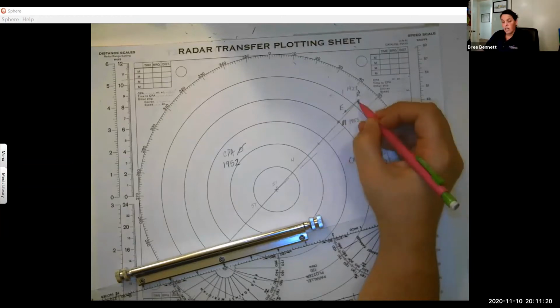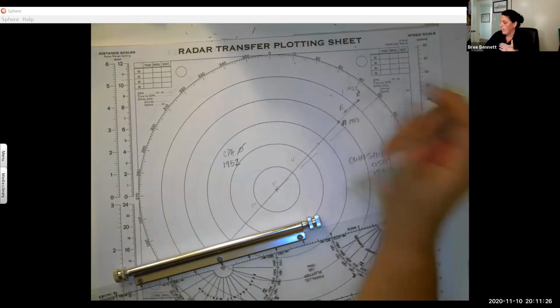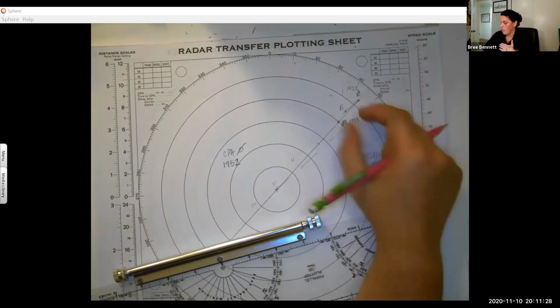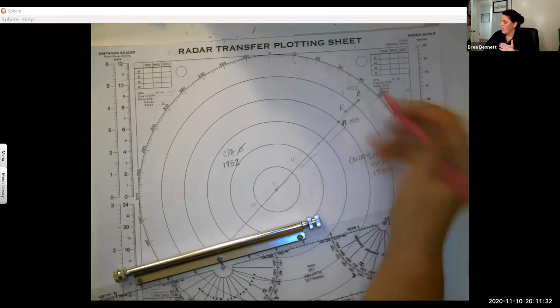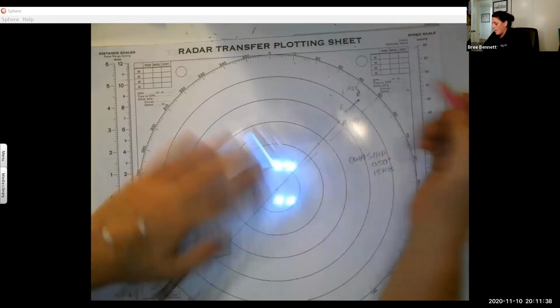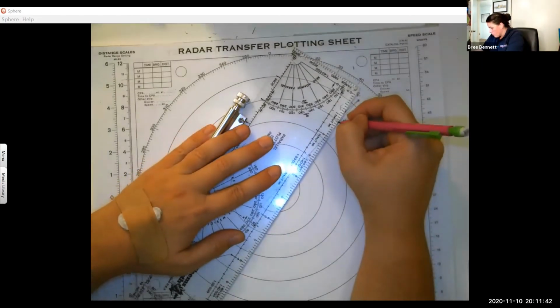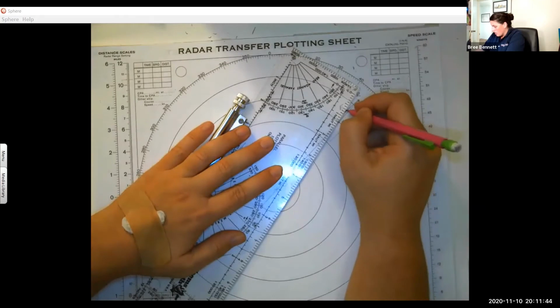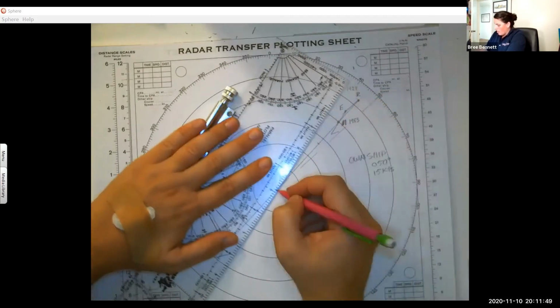So E to R is my own ship. So E to R is in the direction of 050 at a speed of 15 knots. Relative motion is what was happening. Now E to M is them. That's what they are doing. So let's connect E to M.